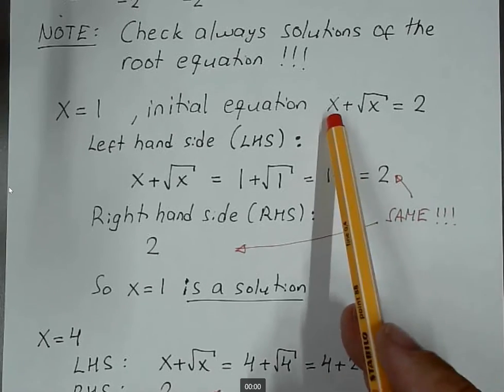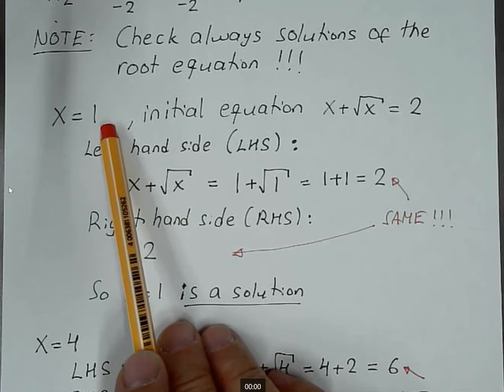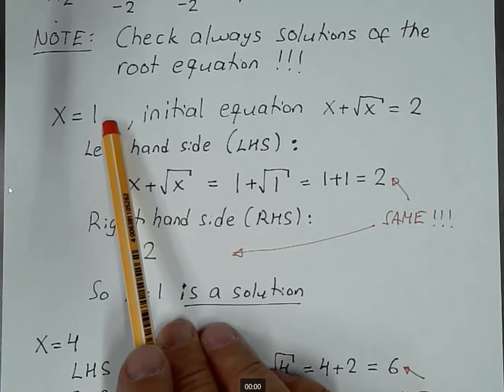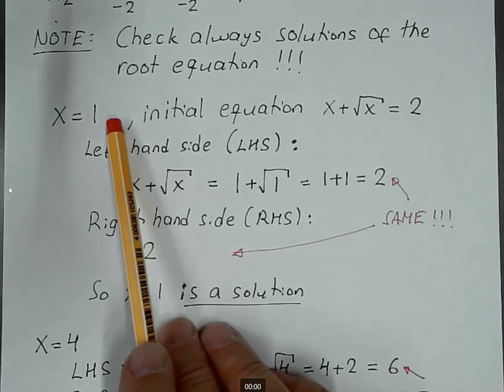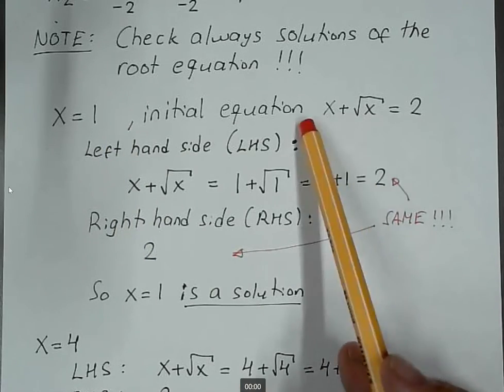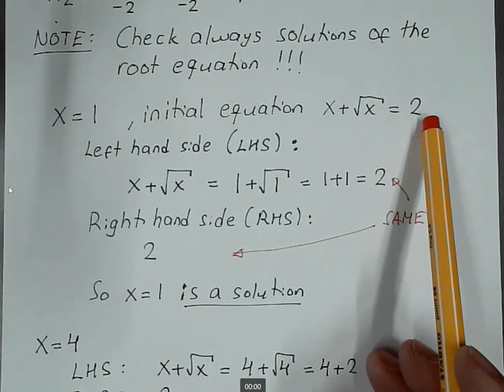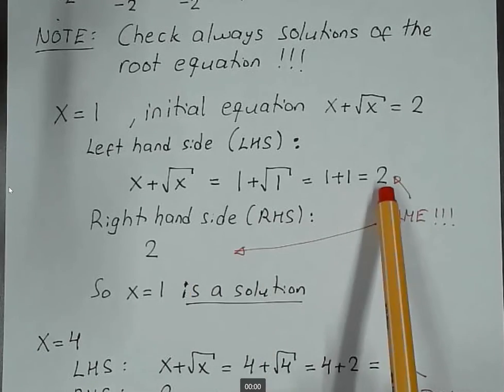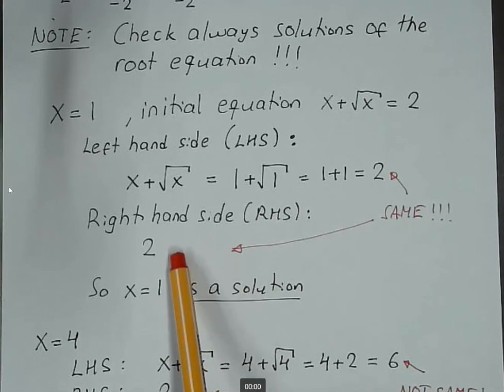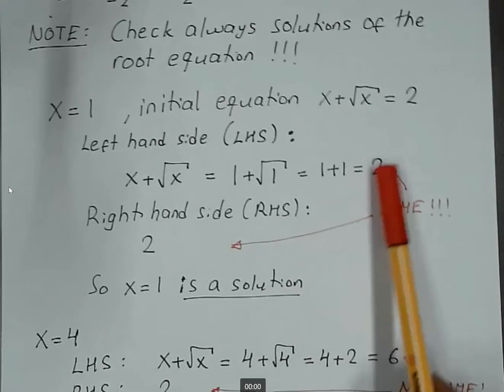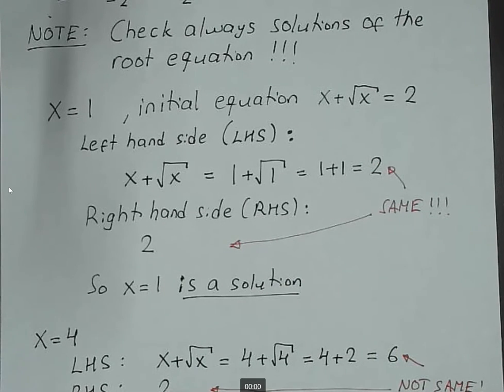For example, if we had in the place of 1 some decimal number, for example 1.235, so whatever, and if we place it here, we may get, for example, 2.1 there, and the right hand side would be 2, so that would make us guess that maybe that was not a solution for the equation, but the difference between the values may be because of the too rounded value of the solution.